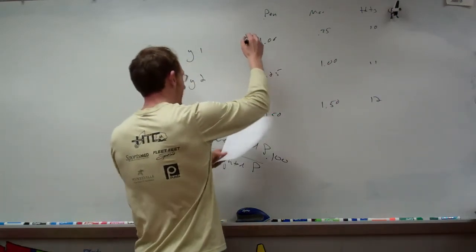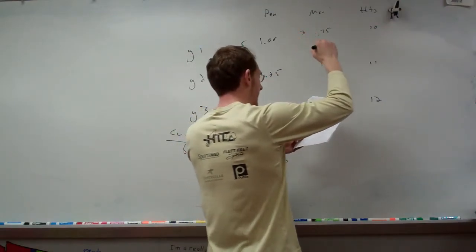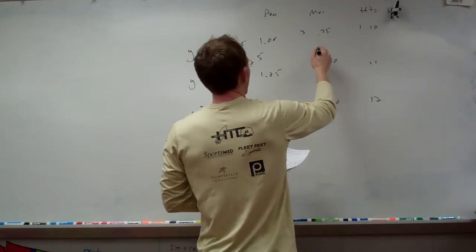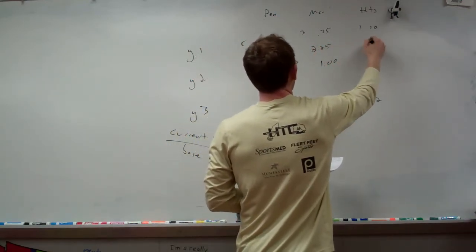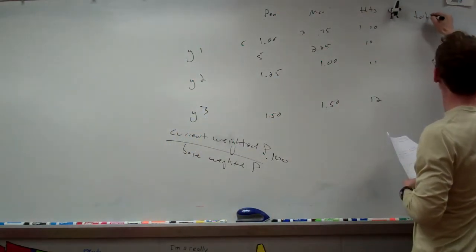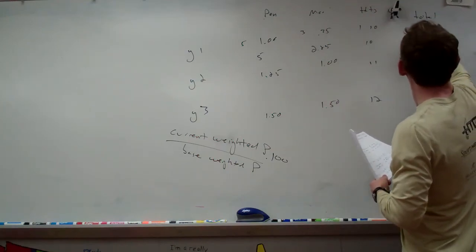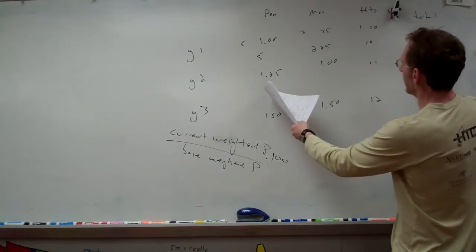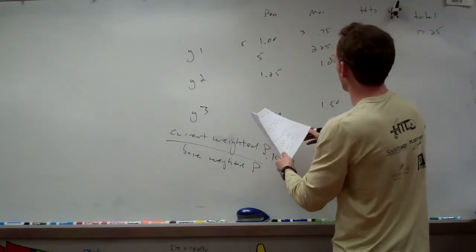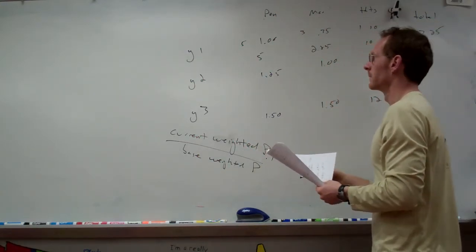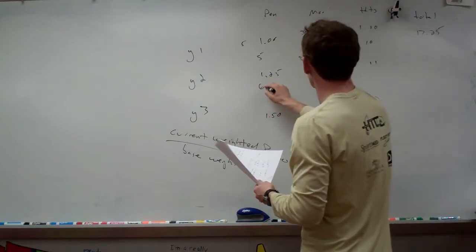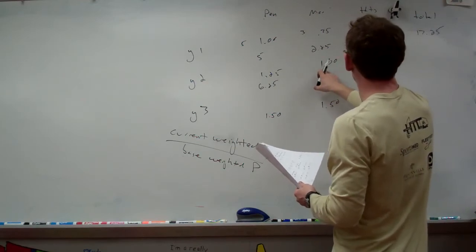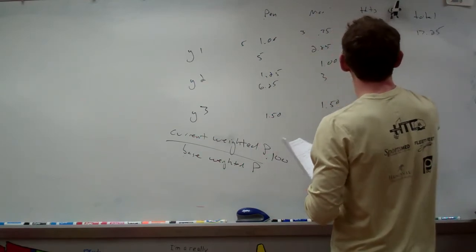And so it was 5, 3, and 1, right? So this would be $5, this would be $2.25, and this would be 10. So our total over here would be $17.25, right? And then $1.25 times 5 is $6.25, and then $1 times 3 is $3.